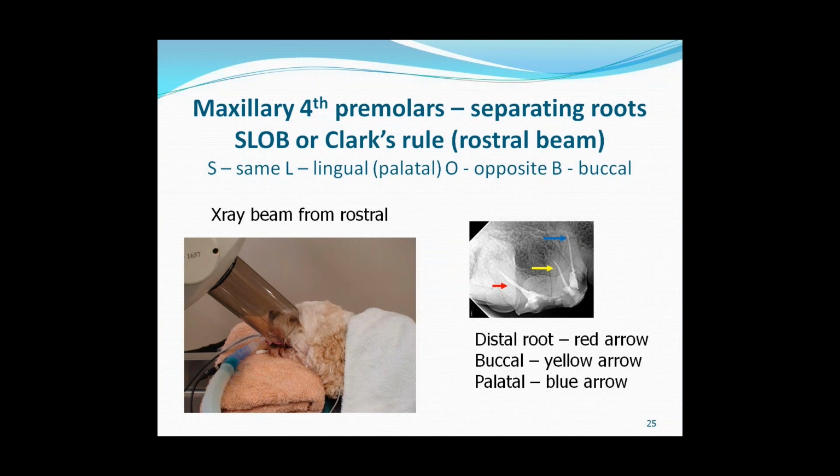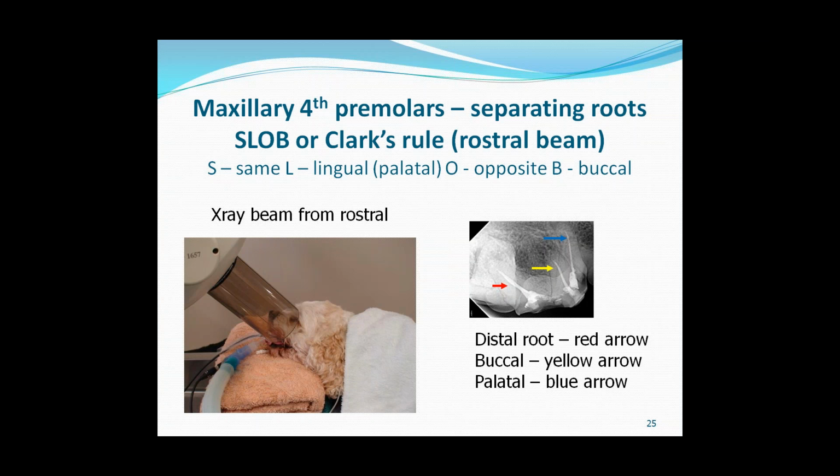But you can see that you've got a yellow and a blue arrow. The yellow arrow is pointing at the buccal root, and the blue arrow is pointing at the palatal root. So if we move the tube head towards the dog's nose, in other words, towards the mesial or the rostral aspect, on this radiograph we're actually moving it to the right-hand side because the mesial roots are on the right-hand side, then the palatal root will move in the same direction as the tube head.